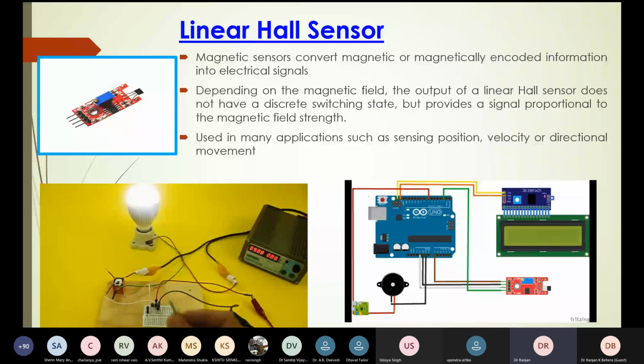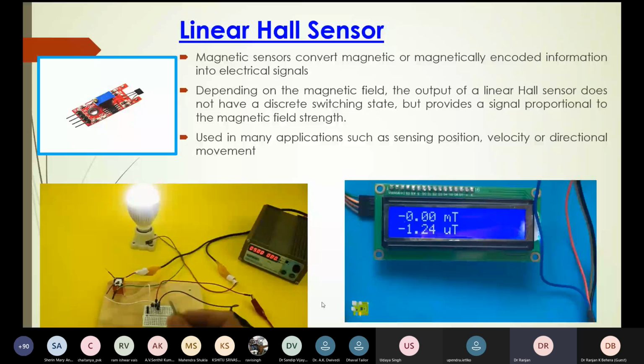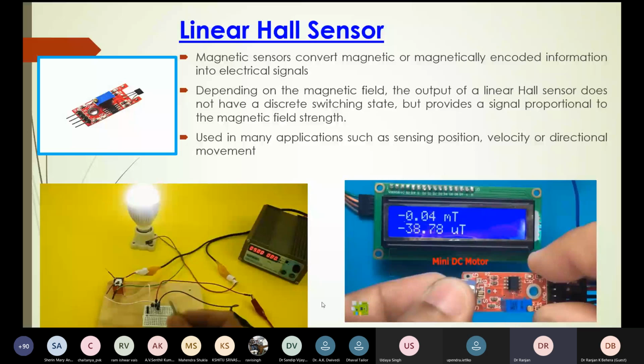Sometimes you can also measure the magnetic intensity. For example, when you bring a magnet near, you can see that a mini dosimeter can measure the magnetic strength.